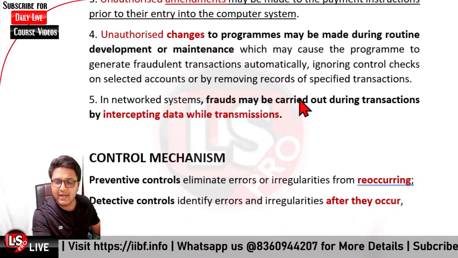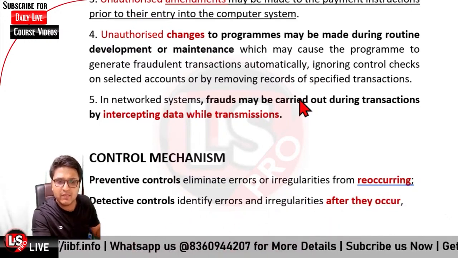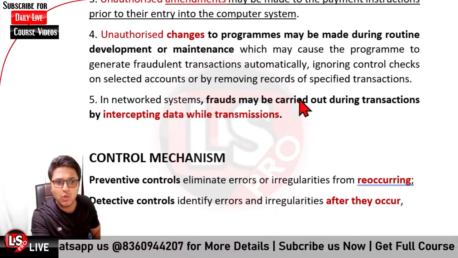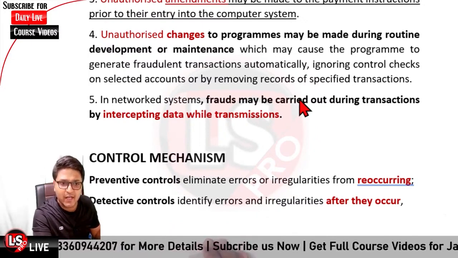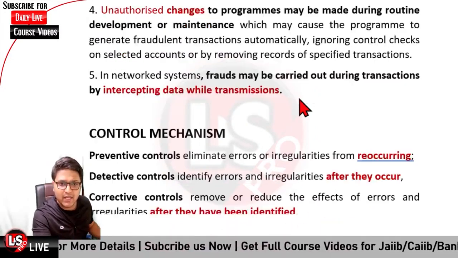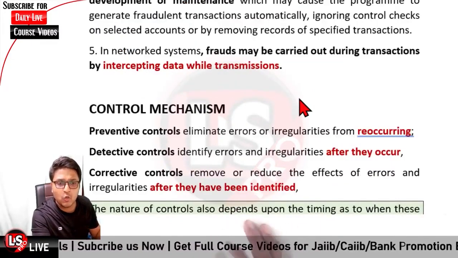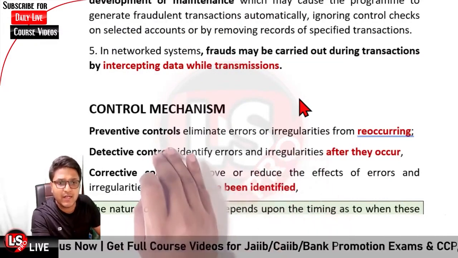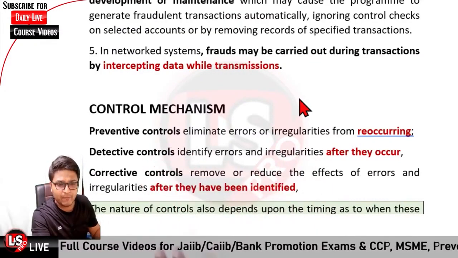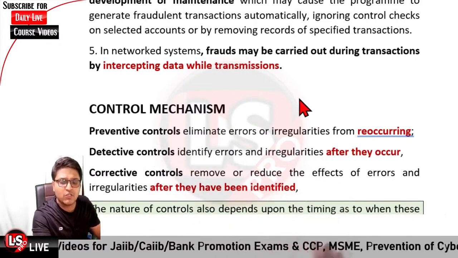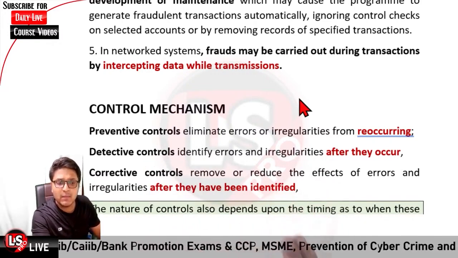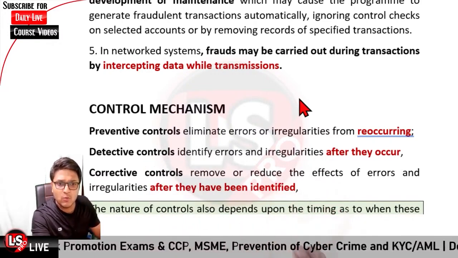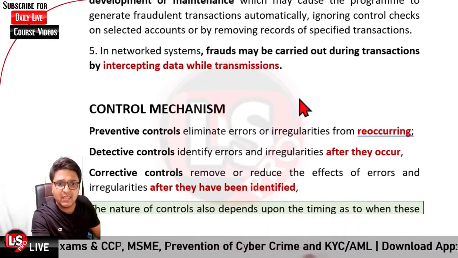When the irregularity has occurred, there should be some control to identify that error. Then it is regarding the corrective control, to remove that irregularity that has been identified. To remove the error which has occurred is the corrective control.